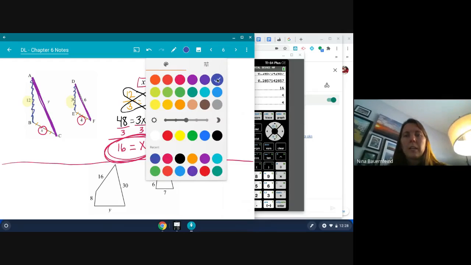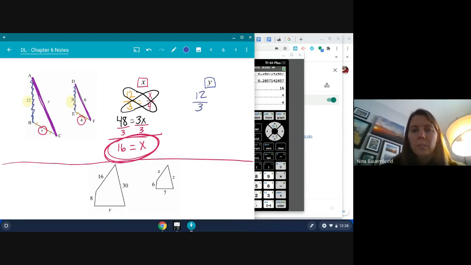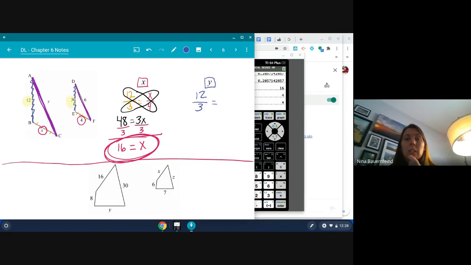Okay, now we got to do Y. We can start with the same thing, 12 over 3. We only have to do that once. What is the other fraction going to look like? Y over 6. You got it.